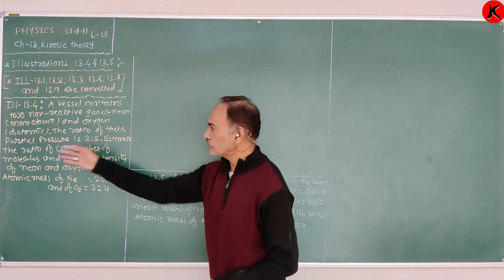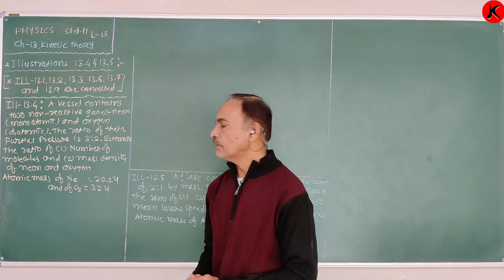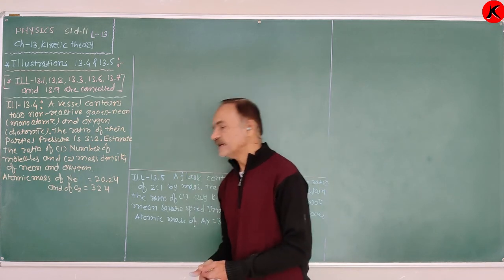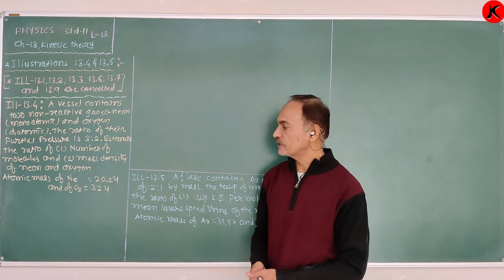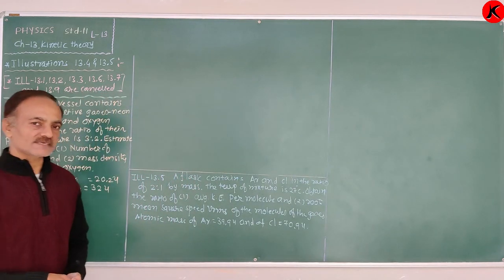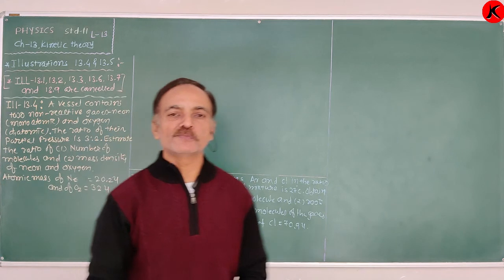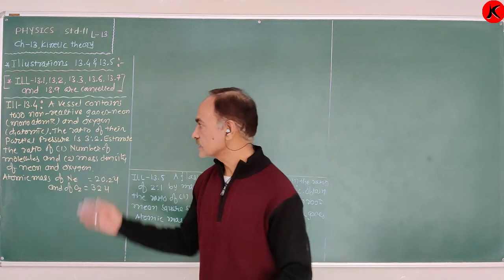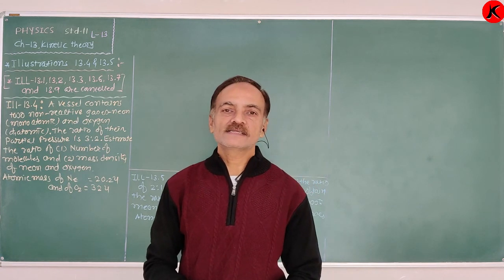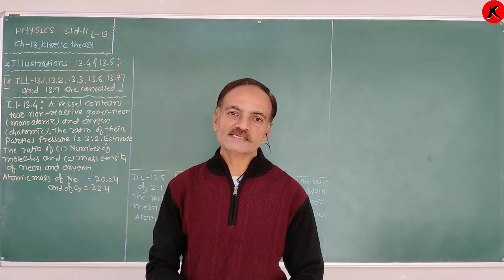We have to find the ratio of the number of molecules in these two gases, and second, the ratio of the mass density of neon to oxygen. Now we know the equation of state for the gas, PV is equal to mu RT. Both gases are filled in a vessel at the same temperature.